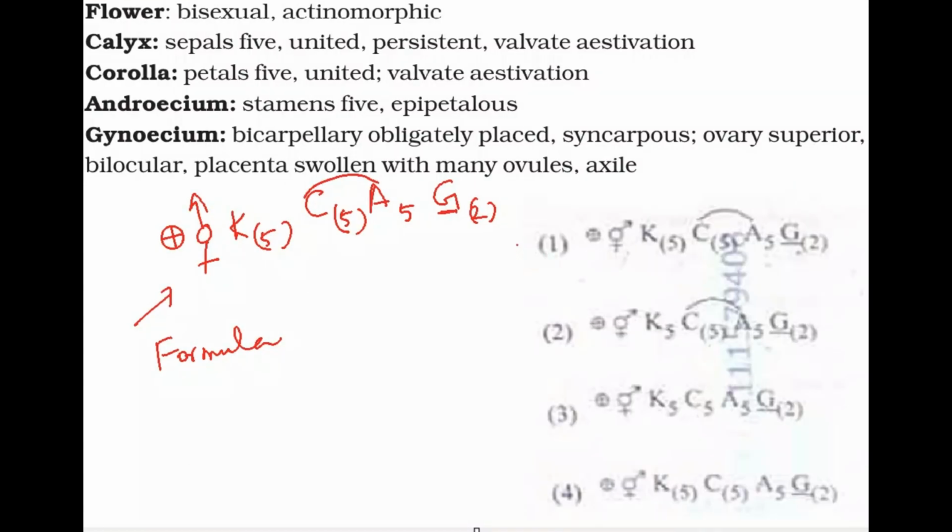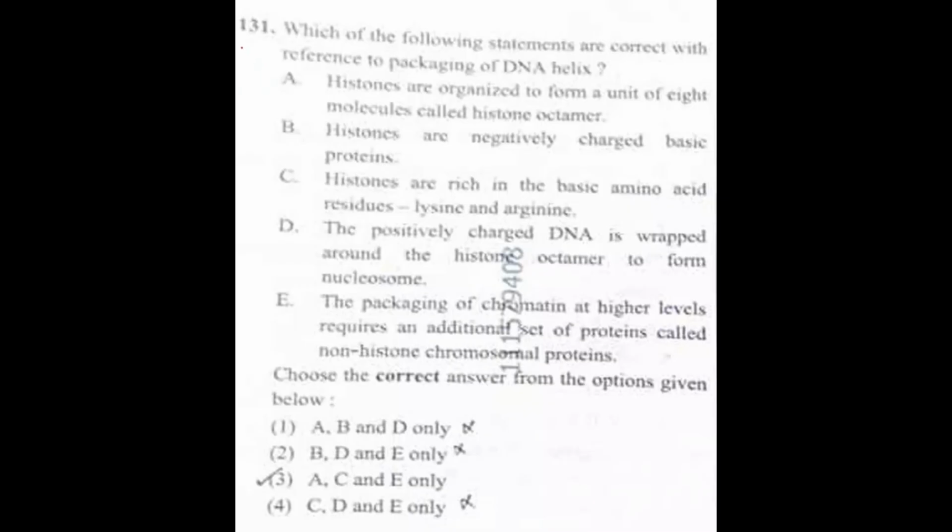So the answer is option 1, actinomorphic, bisexual, 5 sepals united, 5 petals united, 5 stamens epipetalous, gynoecium bicarpellary, then hypogynous flower.